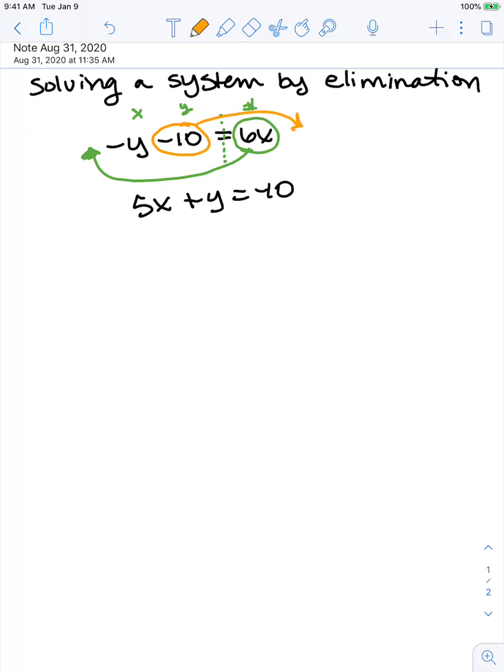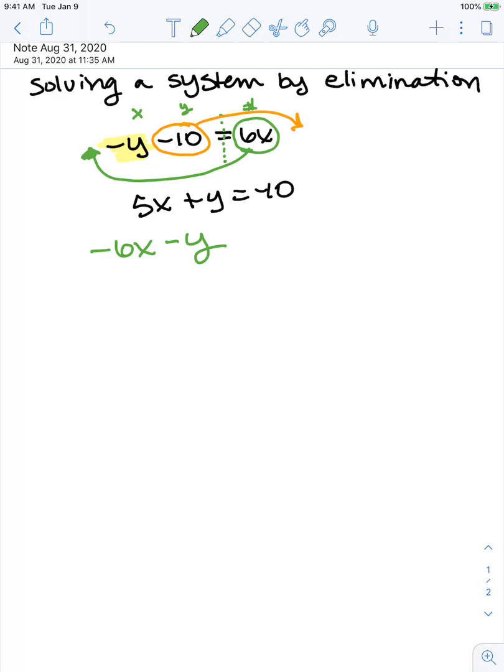And when I do that, I'm going to change those signs. So I'm going to change to green and go, when I move my 6x over, it's negative 6x. This y term, I'm going to keep that yellow. This is going to stay right where it was. So I'm going to rewrite that as a negative y.